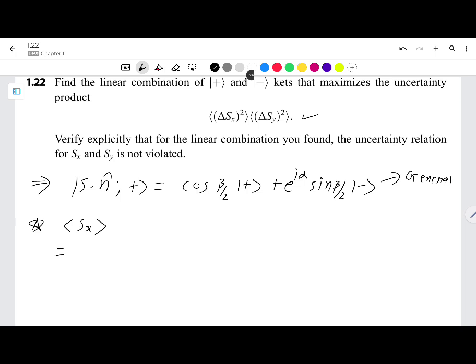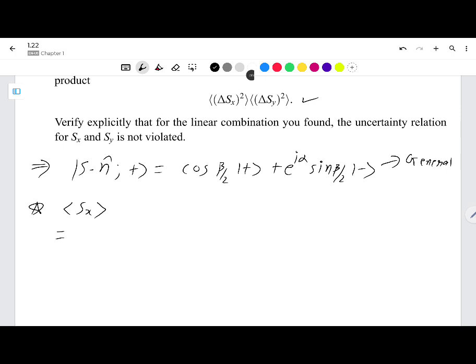So we know that spin x does nothing but swap the plus and minus states. I'll just write it directly.